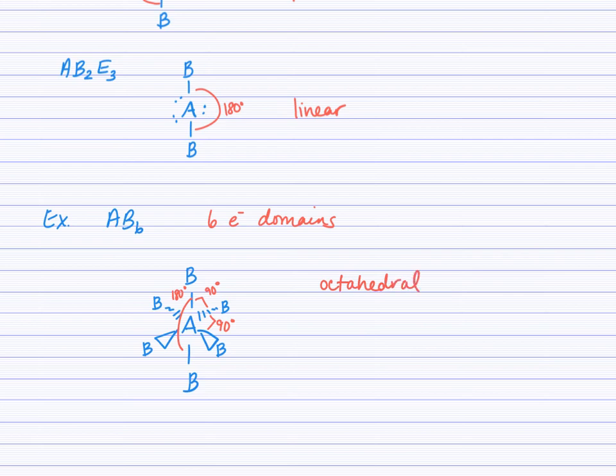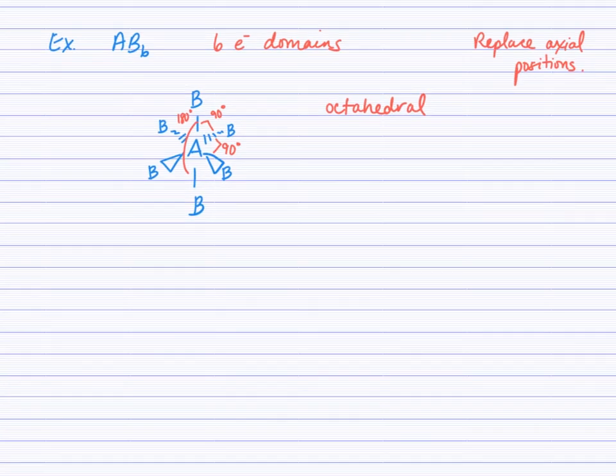All right, now the trick with the 6 electron domains that's going to be different than the 5 electron domains is that if you're going to replace bonded pairs with lone pairs, now you replace the axial positions. So there will only be 2 more shapes that we derive from these. So for example, if we had 1 central atom, 5 bonded atoms, and 1 lone pair, we would have our central atom, and instead of having 2 axial positions, we would just have 1.